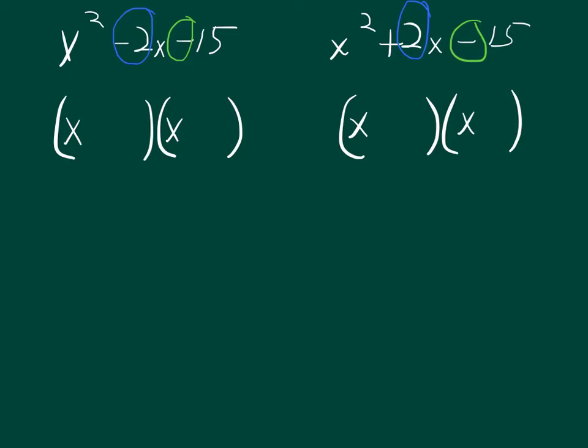So if we look at this, we know there's a minus in the back. So in order to get a minus here in the back, since you're multiplying, the signs are going to have to be different. You're going to have x plus something times x minus something.